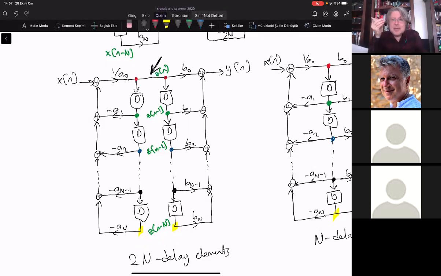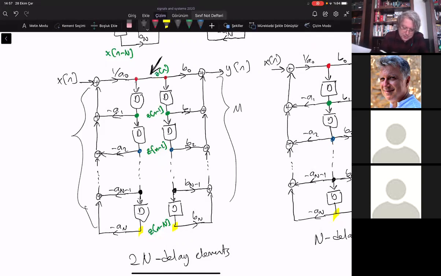But I'm giving you a cheat here. I'm telling you that I'm going to ask it. I will say that, for example, the number of delay elements here will be m, and the delay of this portion will be n. And I can ask a question for m greater than n or n greater than m.